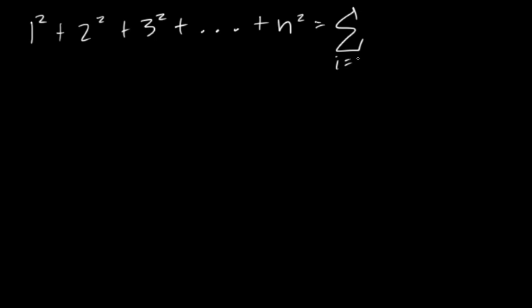So now we've got to prove that the sum of the squares is true, and n is contained in the positive integers.